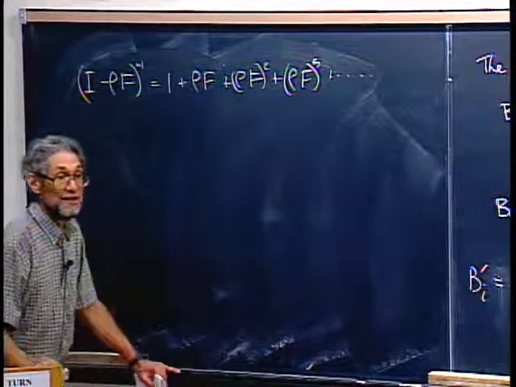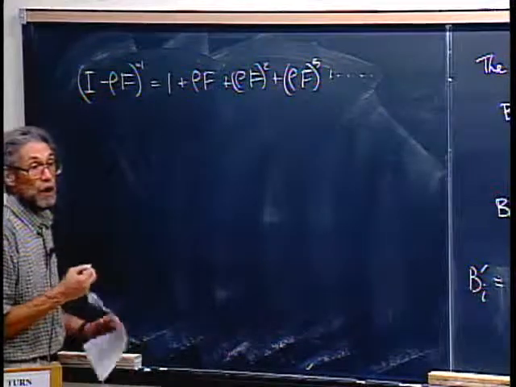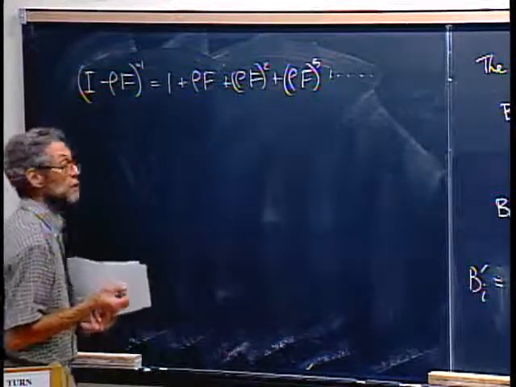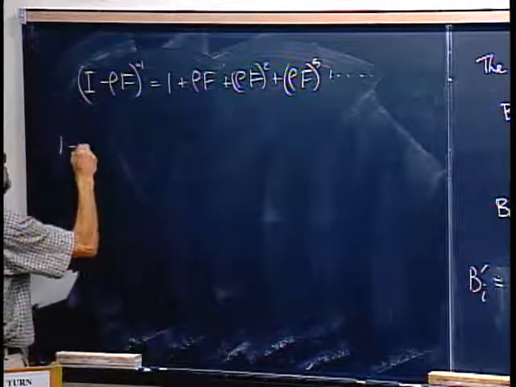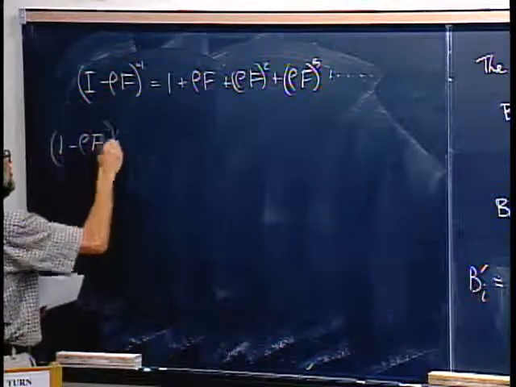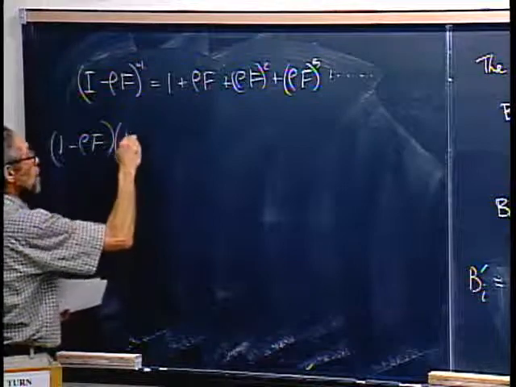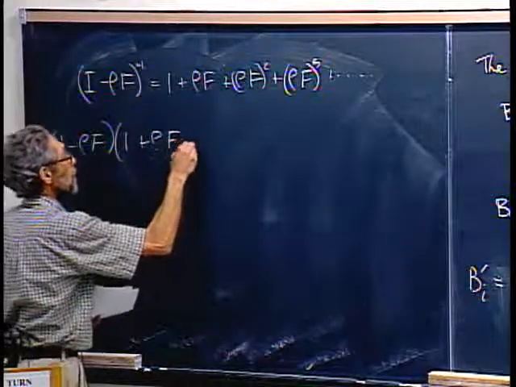And that's pretty easy to check just algebraically, without worrying about the convergence, by just multiplying 1 minus rho f, 1 minus the matrix, times 1 plus this matrix.